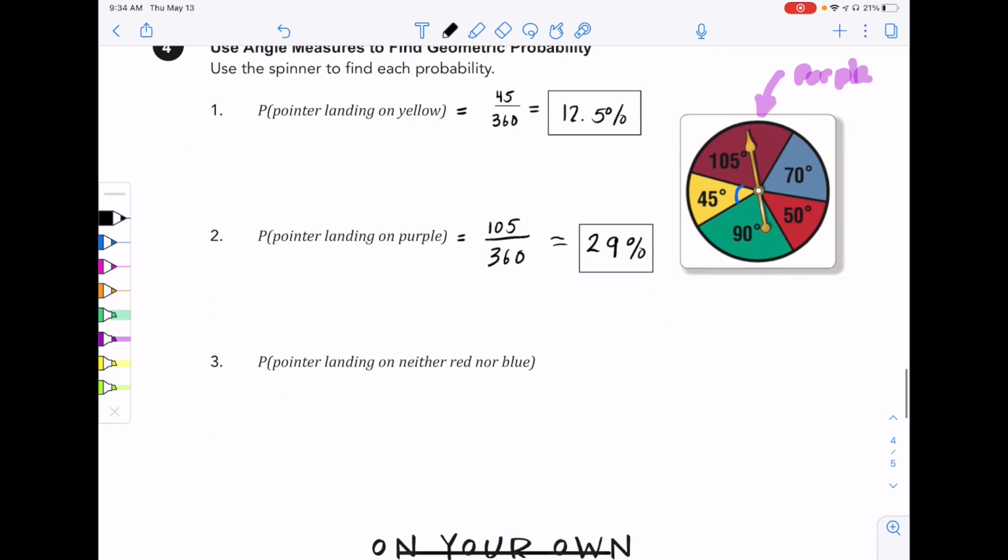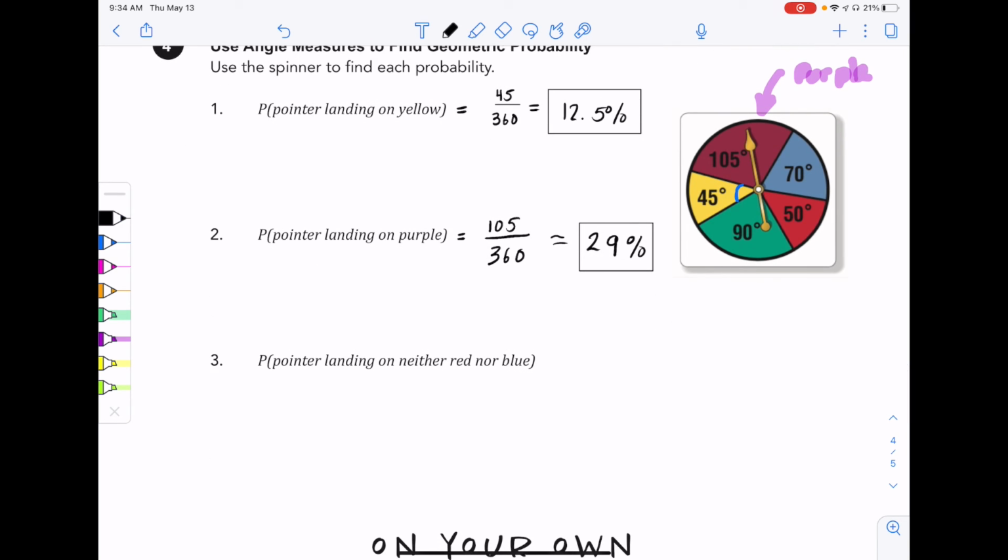And the third example says, what is the probability of the pointer landing on neither red nor blue? Which means we do not want the pointer to land anywhere in these regions here. So we need to eliminate them. Well, what's left? So we need to find the remaining angle measure and divide that by 360. So we have 105 plus 45 plus 90.